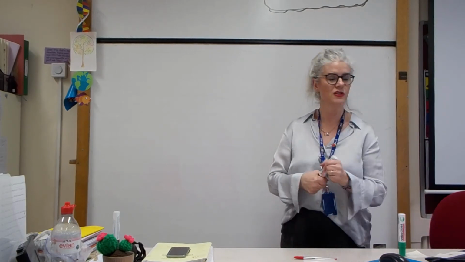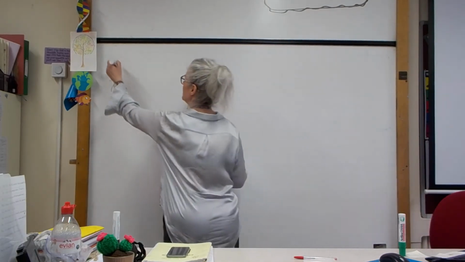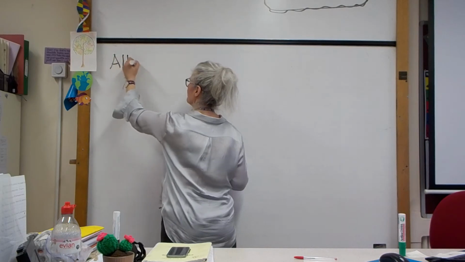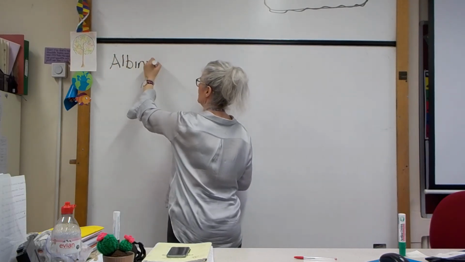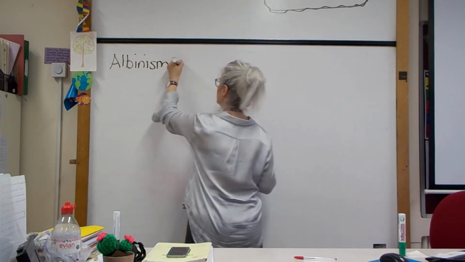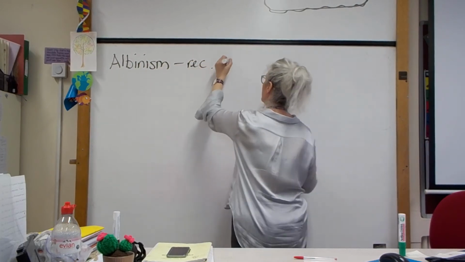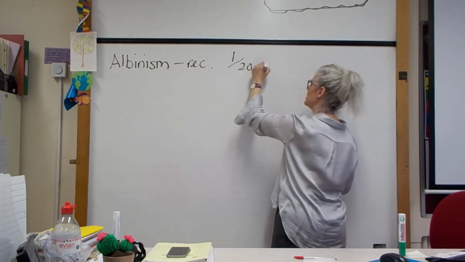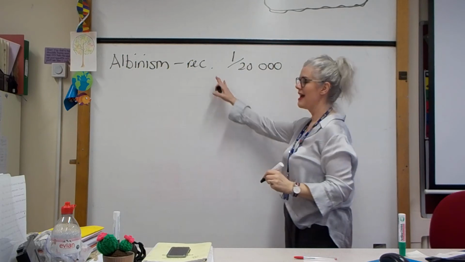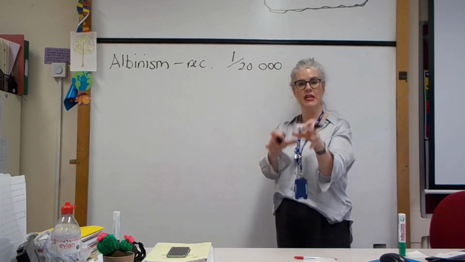I'm just going to refer to my screen for the maths, so I don't have to work it out in my head. We did this in class as well. We had a look at albinism. It said albinism was recessive, and 1 in 20,000 individuals have this recessive phenotype.